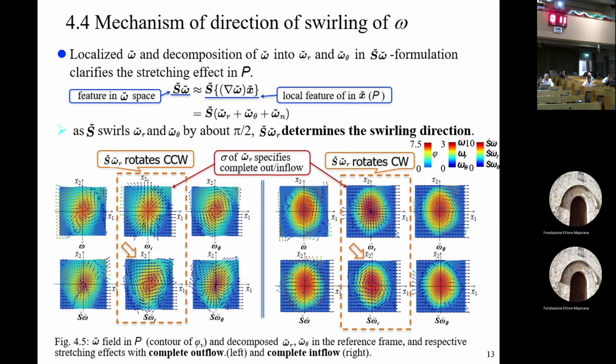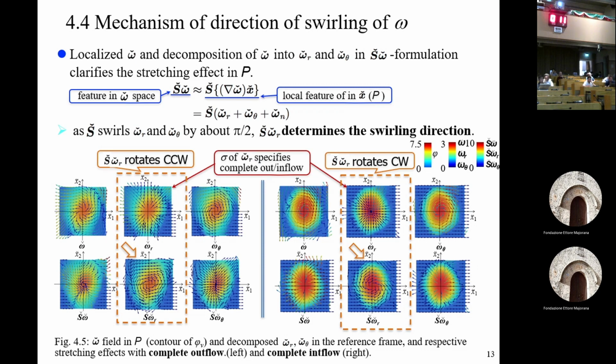So, it is noted that the rate of strain tensor in the vortex stretching swirls the component almost orthogonally, counterclockwise. And then the radial component just determines the swirling direction.